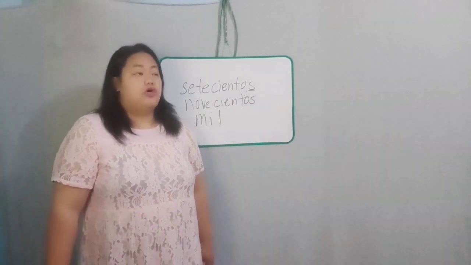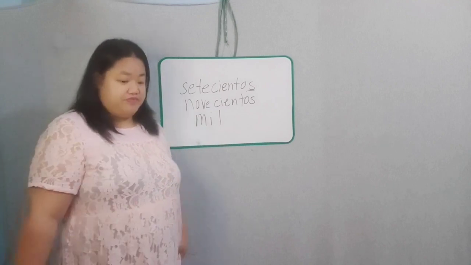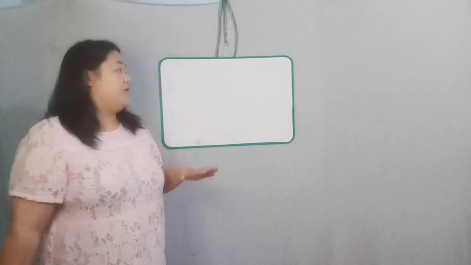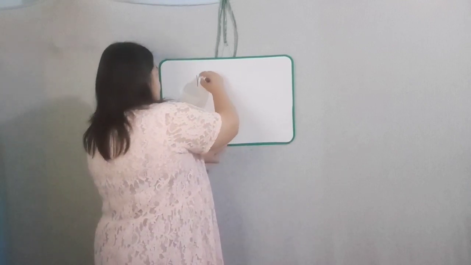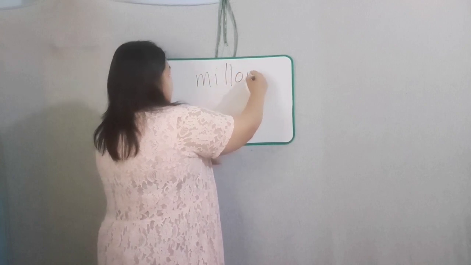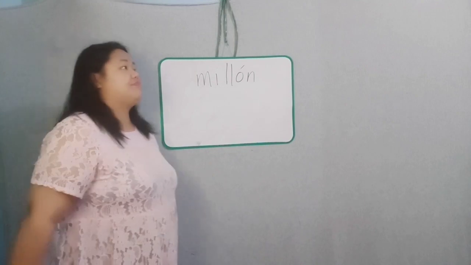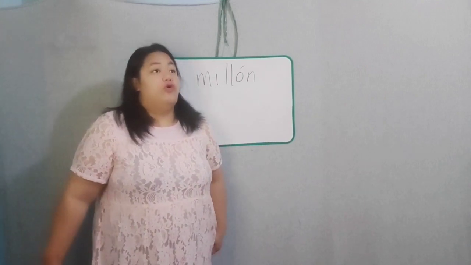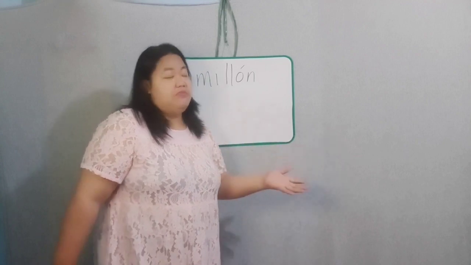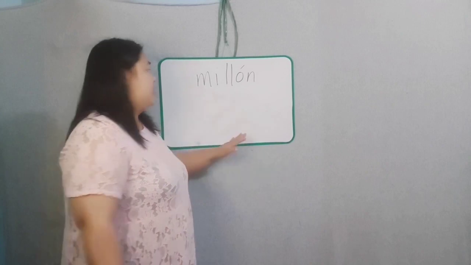Okay. So after 1,000, let's go to our million. Million in Spanish is millón. So stress on the O, millón. Now, when you have more than 1 million, you're gonna put ES on it.